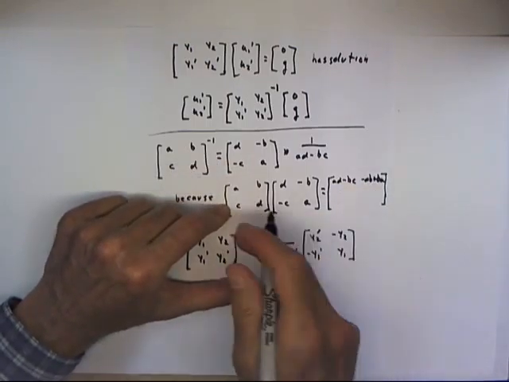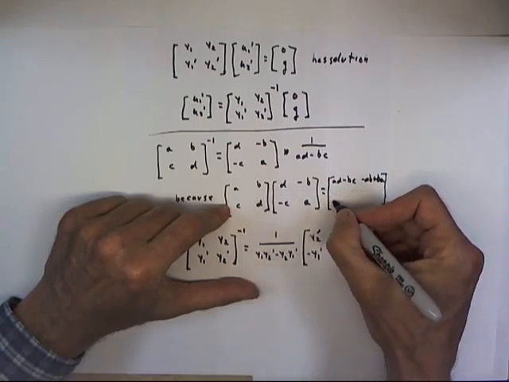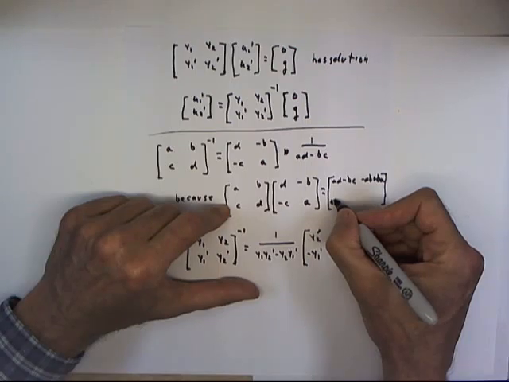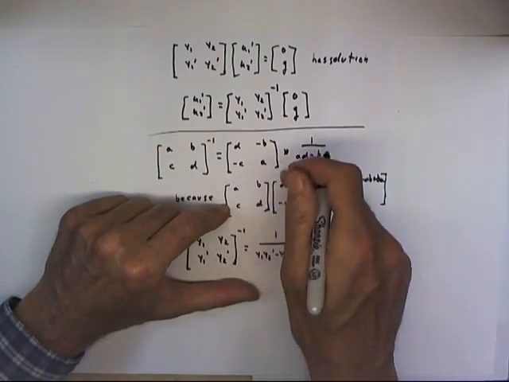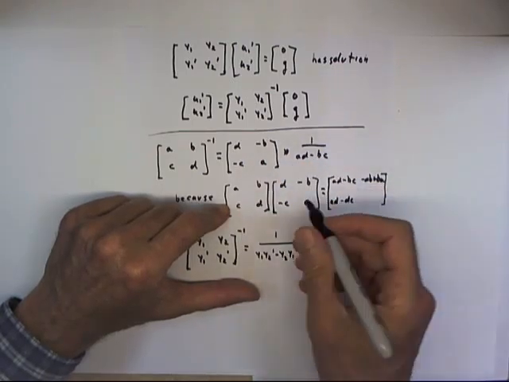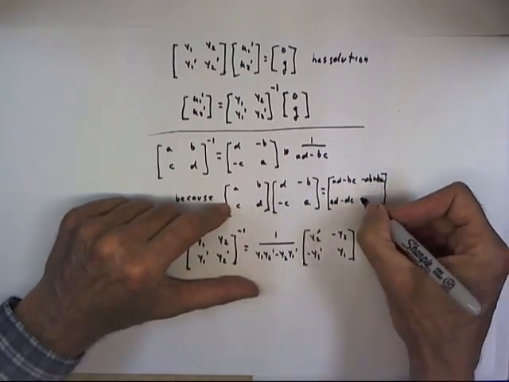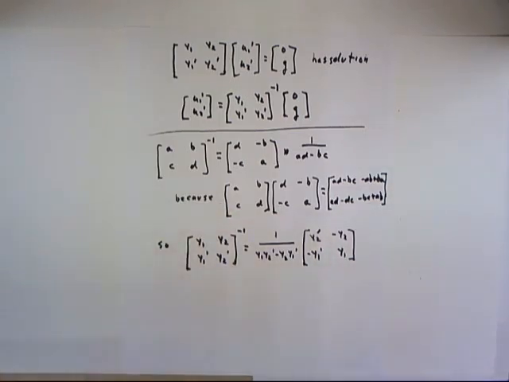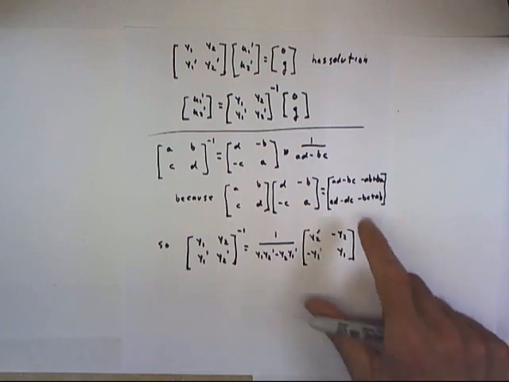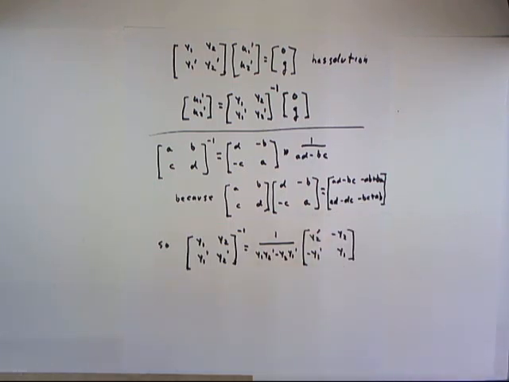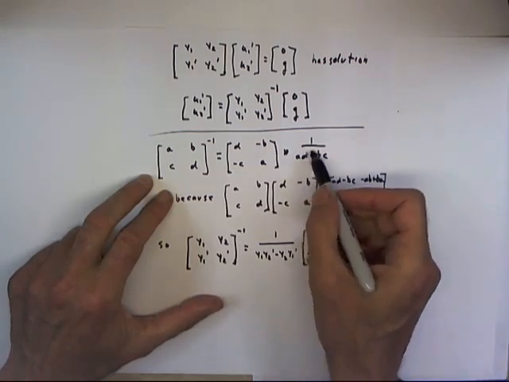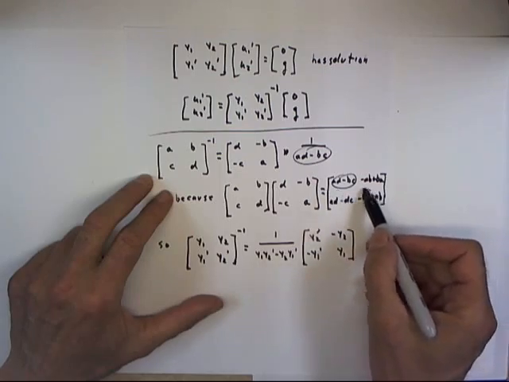And here we get the second row times the first column, CD minus DC, and the second row times the second column gives us negative BC plus AD. Now, unfortunately, I've written all that kind of small, but AD minus BC is just this, and we have that here as well.